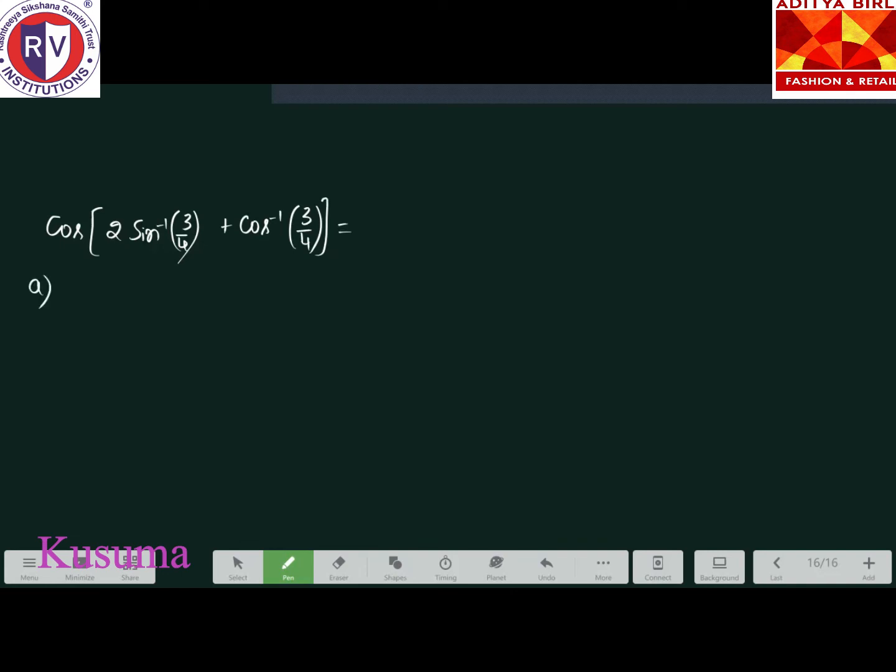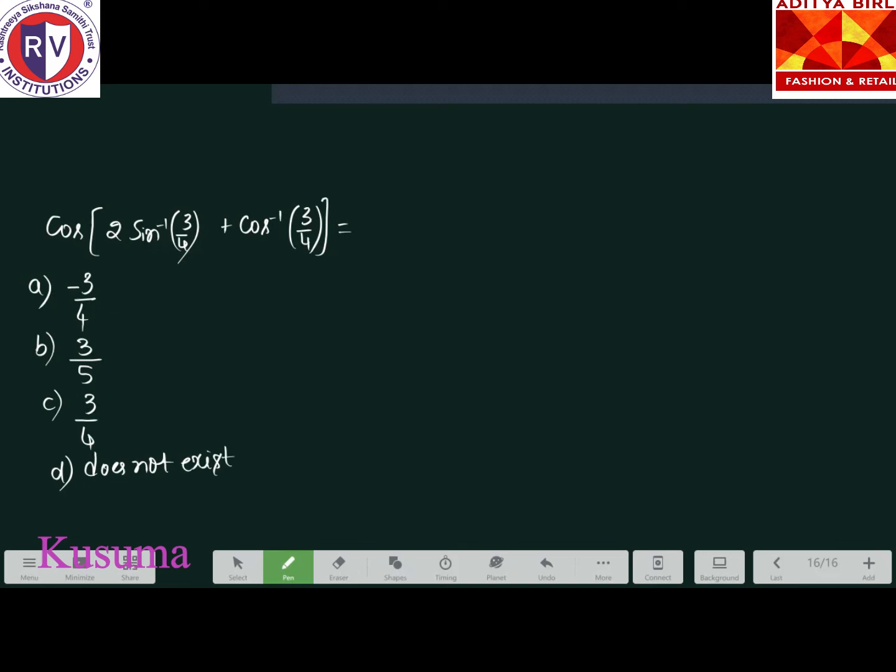Option A, it is minus 3 by 4. And option B, it is 3 by 5. Option C, it is 3 by 4. And option D, the value does not exist. These are the options given.